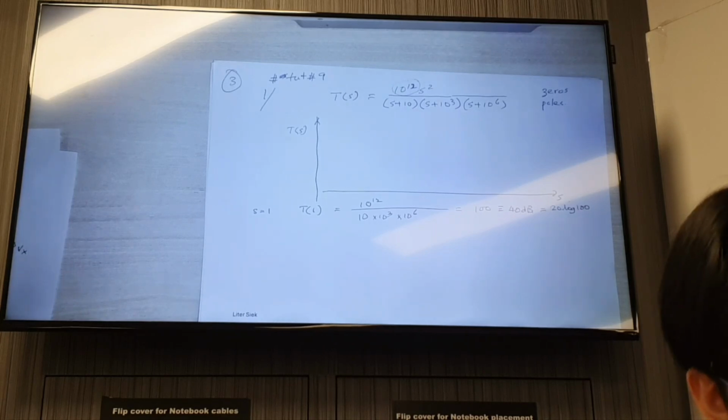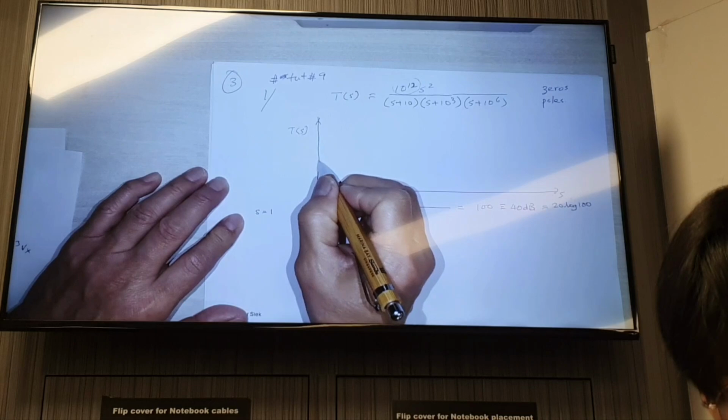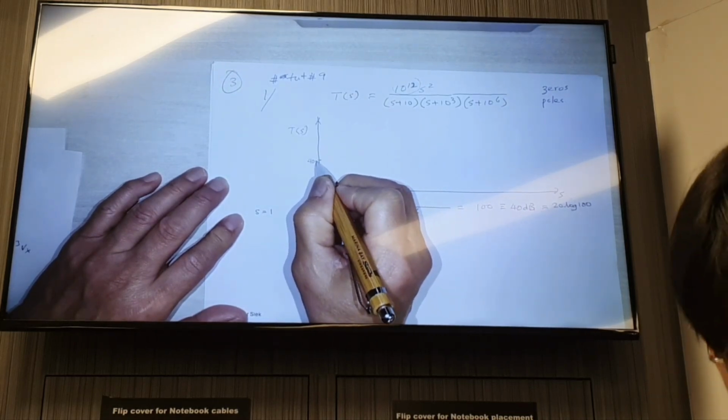So when I'm at S equal to 1, I'm at 40 dB.